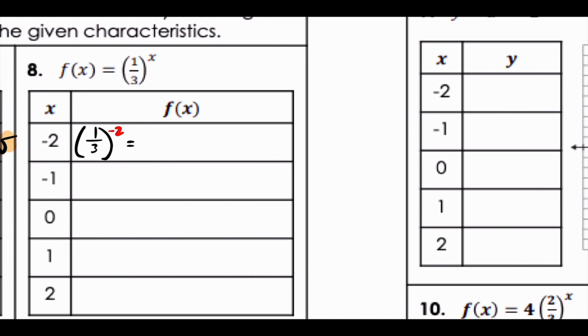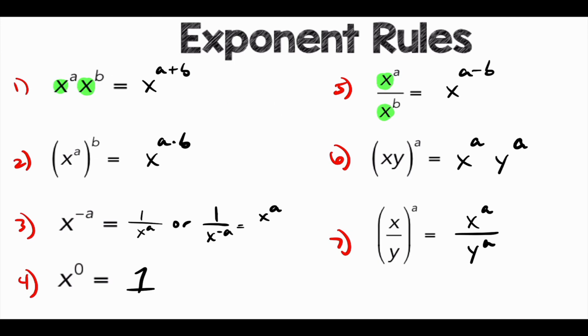What do I got to do first? Before I start doing up and down, which rule do we do first? Right, I have that, but it's a fraction as well. So it looks like a 7, right? Give the top a power, give the bottom a power.